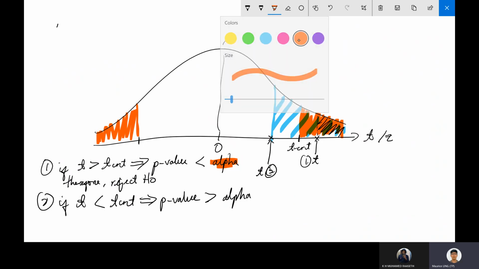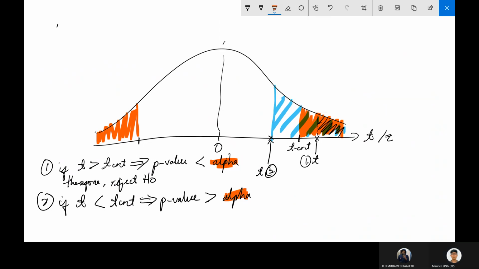The alpha is this. The blue region is going to be more than the orange region. And then this is where you accept the final conclusion, accept the null hypothesis.